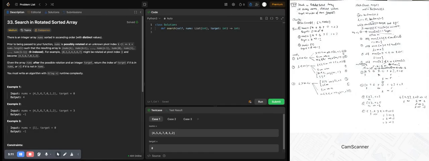I think off the top of my head, what we could do is first search the index of the beginning of the array and also the index of the target.